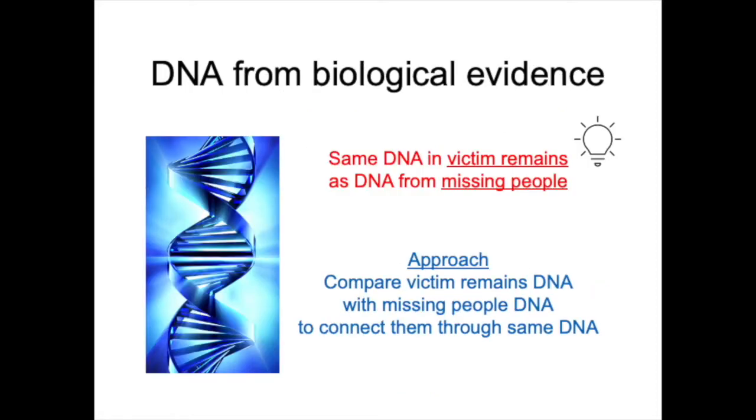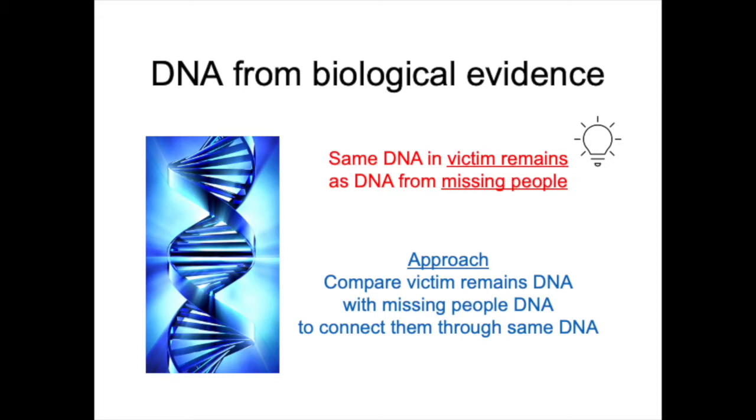A big idea here is that we can use biological evidence, that the same DNA is in the victim remains as it is in the missing person. That is, you have Sarah, and she's a missing person, and there's DNA from her as a missing person.